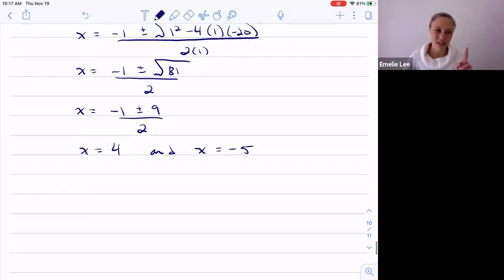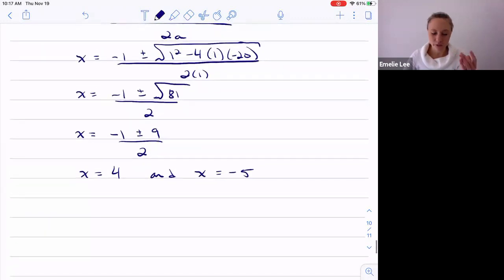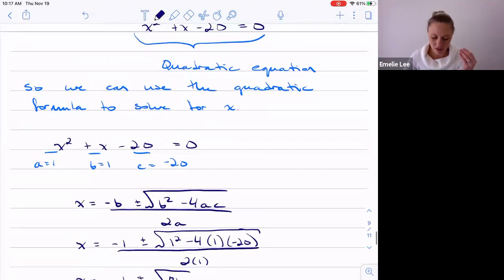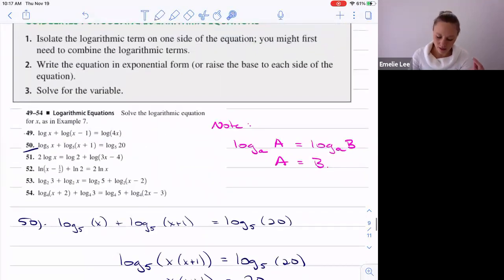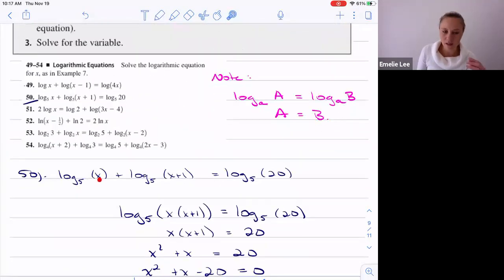But, okay, there are restrictions on the domain in a log. So here, we can't take the log of anything but a positive value, right? So x equals 0 can't happen, and we can't take the log of a negative number.